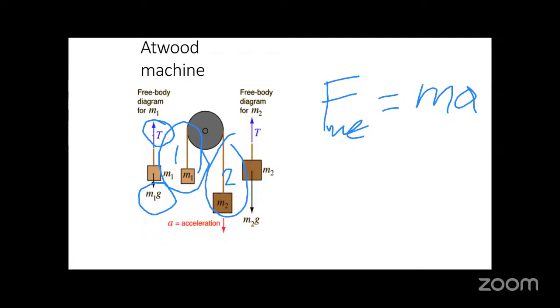Like I told you before, when two vectors are in opposite directions, you subtract. Force is a vector quantity. So we have two forces here, the tension force pointing upward and the weight force pointing downward. The two forces are in opposite directions, so you subtract the smaller force from the greater force.